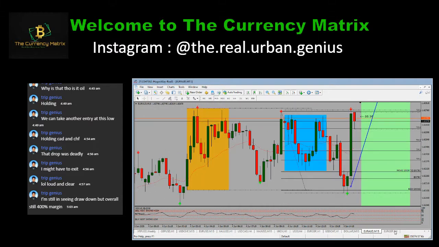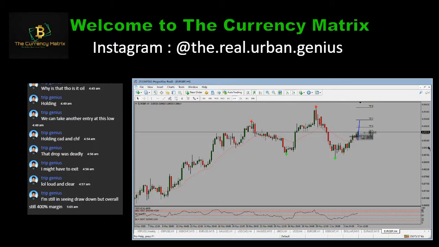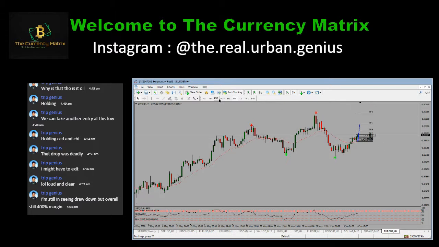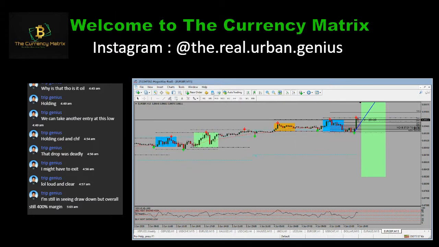Here's the Euro Aussie. Here's that Euro Pound. As I stated, buys.